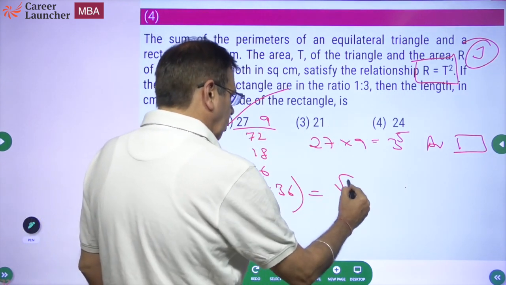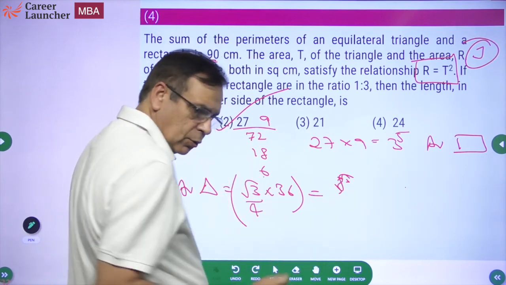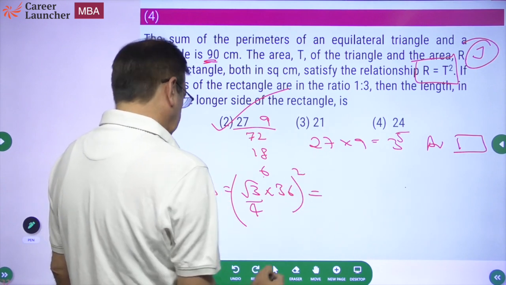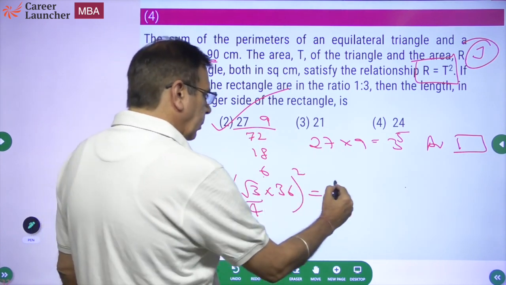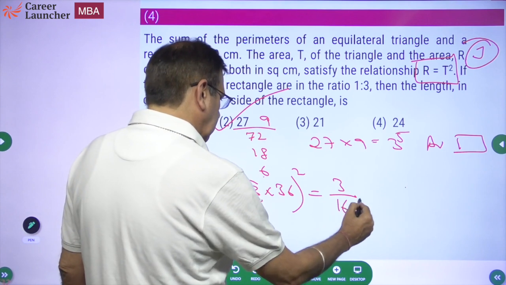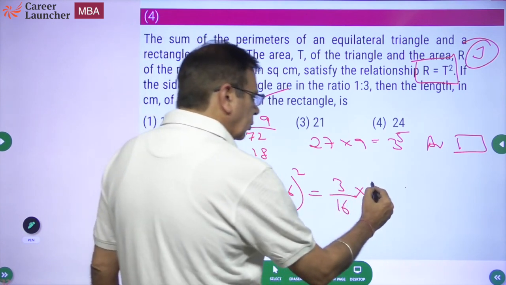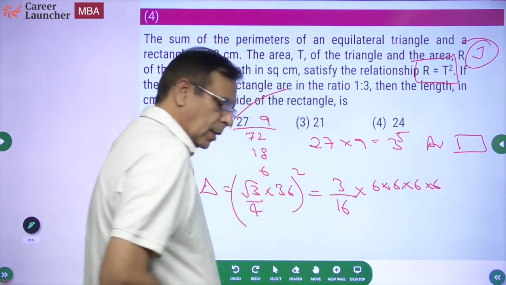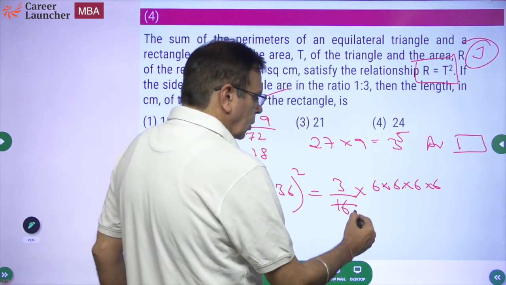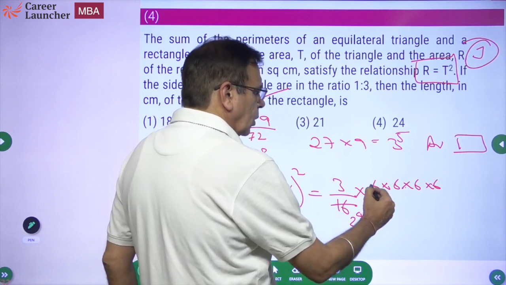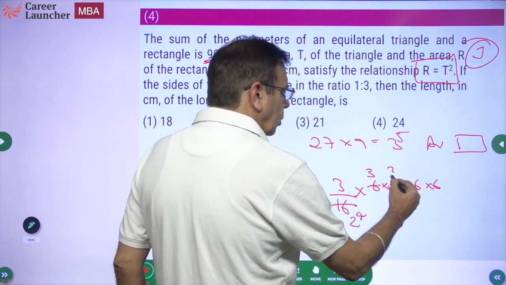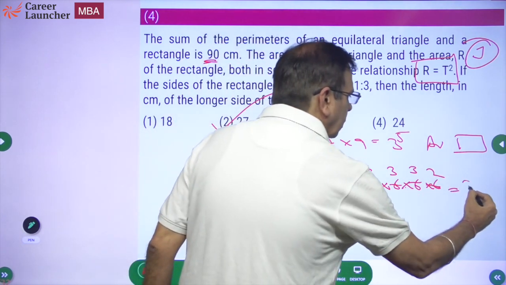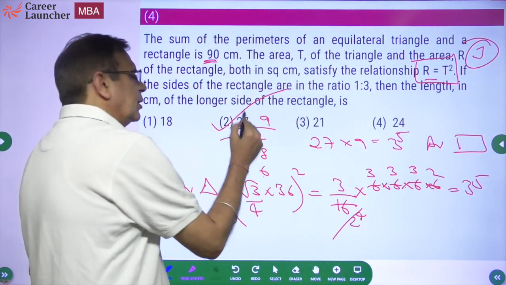What does this become? If you have to square it, area of the triangle square, it will be 3 upon 16 into 36 into 36. So let me write 6 into 6 into 6 into 6. What is this? 2 to power 4, so 2, 2, 2, 2. This is equal to 3 to power 5. Satisfies the condition. This is the answer.